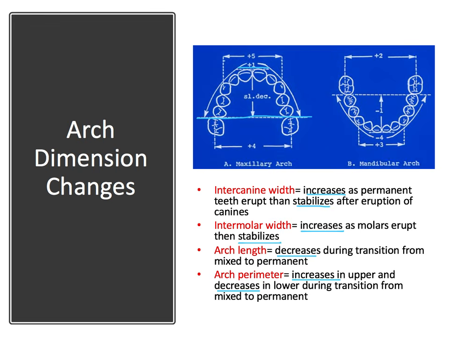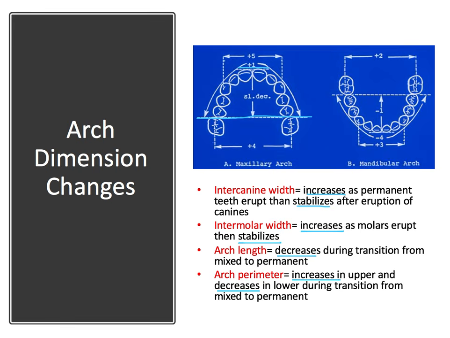And so the difference in the increasing upper, decreasing lower has to do with a combination of the labial and lateral eruption of the canines that saw an increase in width, but then we also have this competing loss of leeway space that decreases the anterior-posterior dimension.